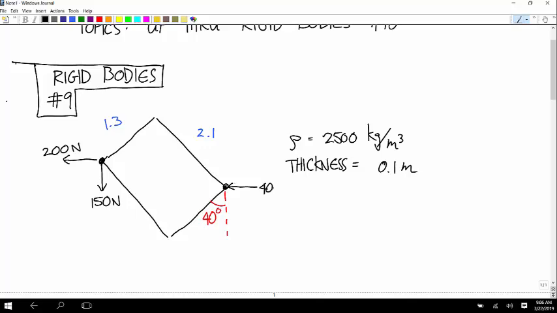So 400 newtons this way, 300 newtons this way. And at the instant shown, omega is negative 6 radians per second. This is a planar motion, so that's about z.